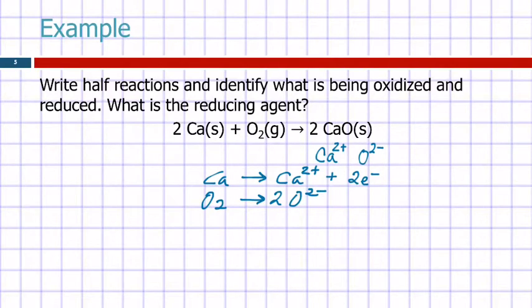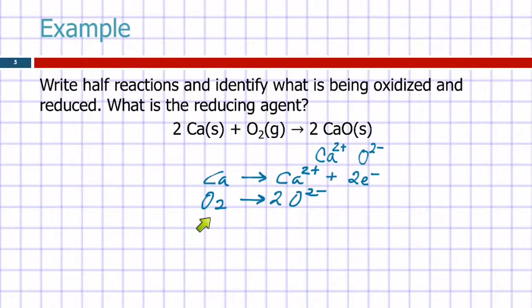It's going to come apart, and then there's this thing going on with the electrons. So how could I get this to have the same charge on both sides of the arrow just by using electrons?